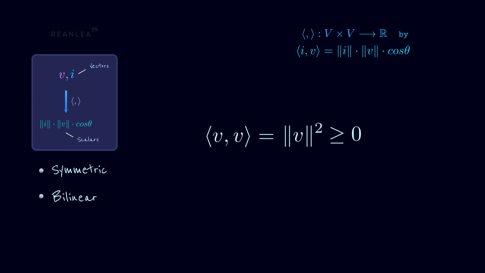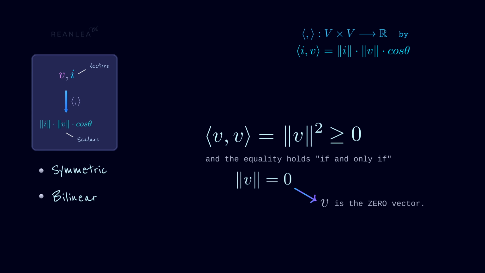And that's how we got the relation between the inner product and the norm of a vector. On top of that, equality holds if and only if norm V is equal to 0. In other words, we can say V is a zero vector. And therefore, we can conclude the inner product is positive definite.